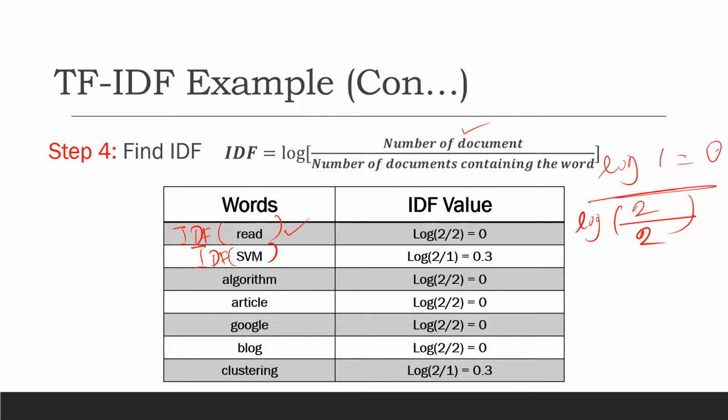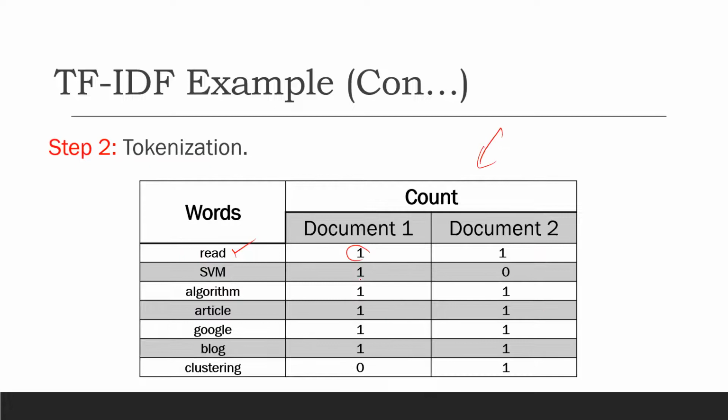If you think about the word SVM, we can calculate the IDF as log of the total number of documents, 2, divided by how many documents contain the word SVM. Someone tell me. Only one document, because document 2 doesn't have this word.